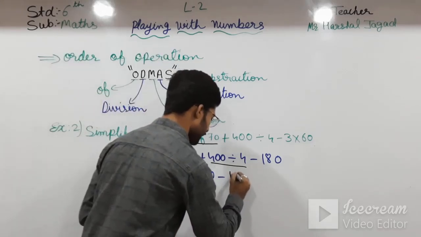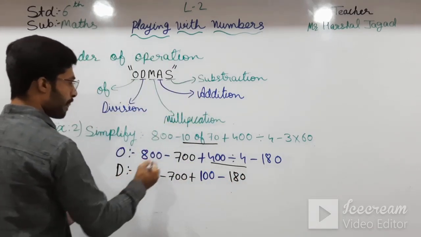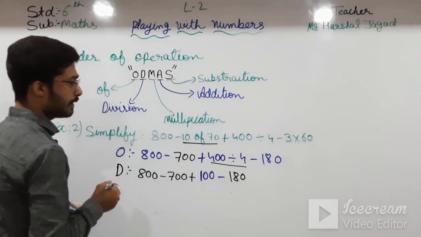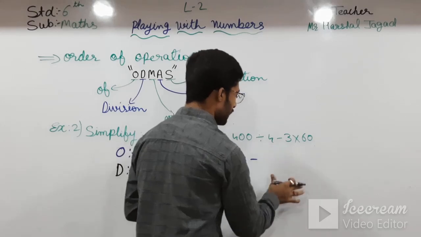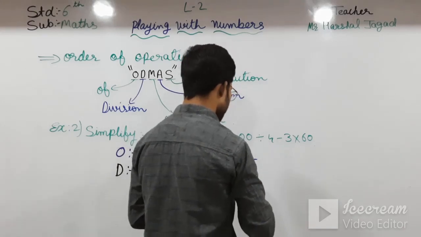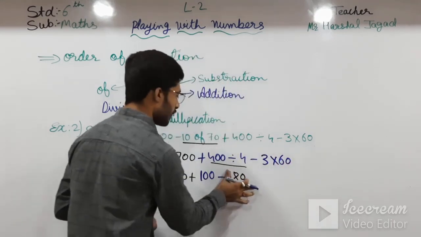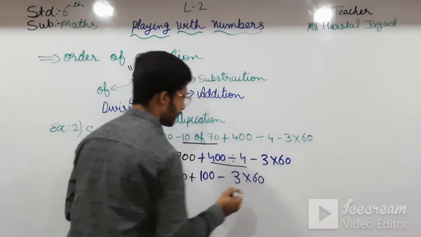Okay students, then comes M. We have just done only M before. In the multiplication I am writing this again. Okay students, 3 into 60.